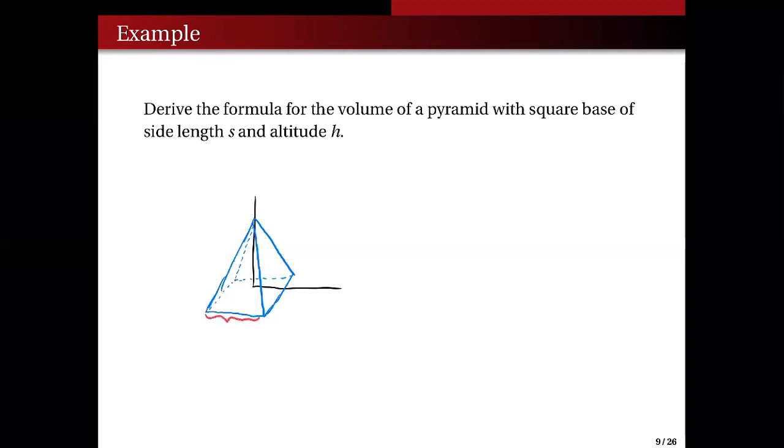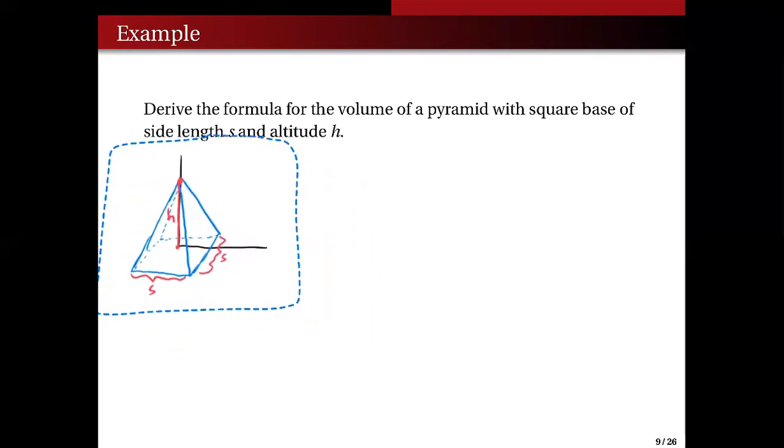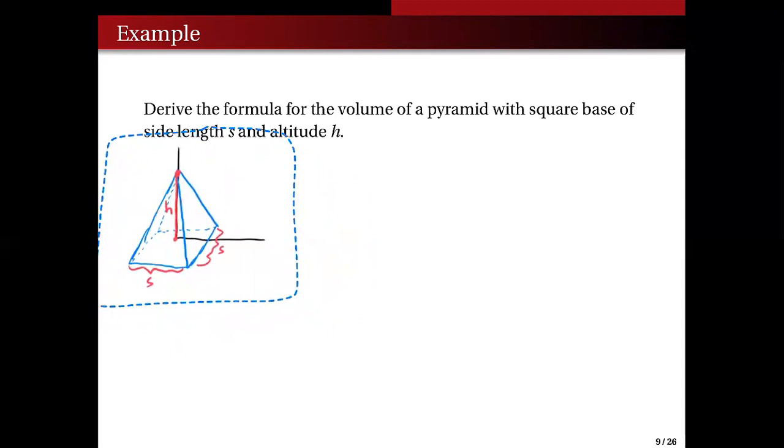So the length of this is equal to S. The length of this is also equal to S. And then the altitude is from this point here up to this point, assuming that this origin, the 0, 0 coordinate of your Cartesian plane, is at the center of your square base. So that is equal to H. This is the pyramid with square base in the three-dimensional view.